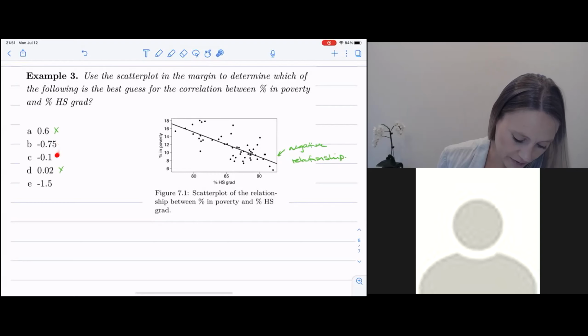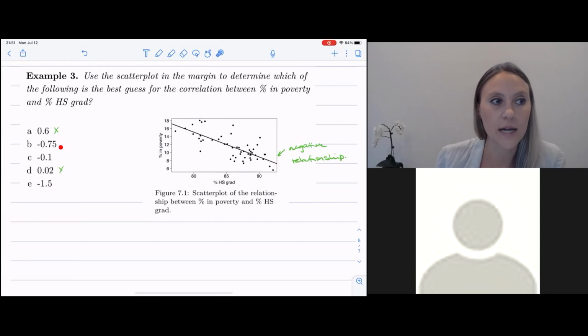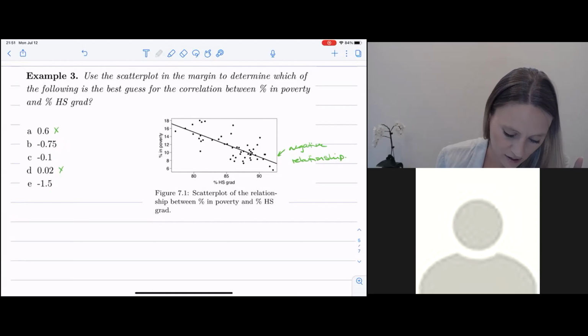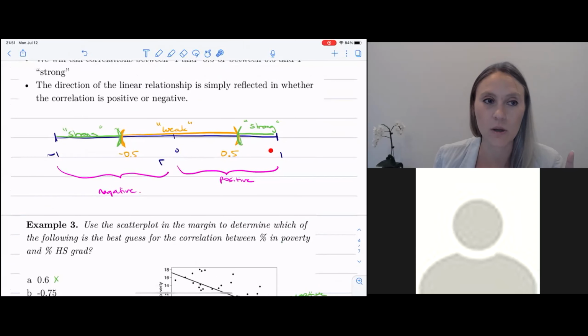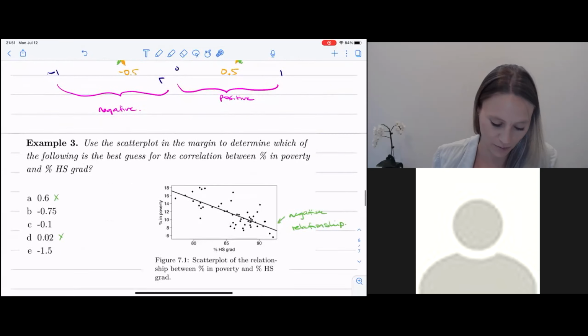Then I'm going to look at the remaining numbers here. So I've got negative 0.75, negative 0.1, and negative 1.5. But we know that the correlation can only be between negative 1 and 1, right? So we can't have a correlation of negative 1.5.